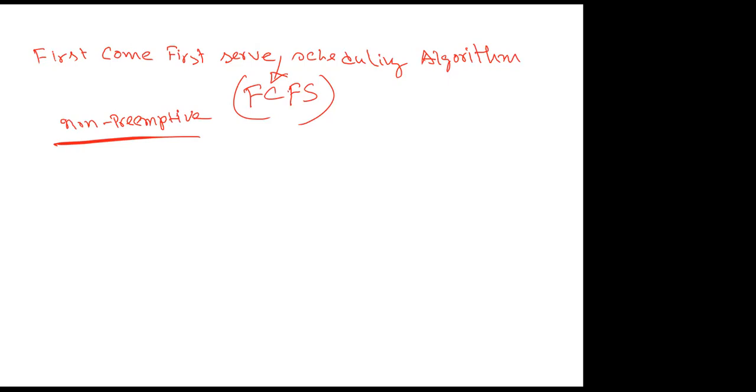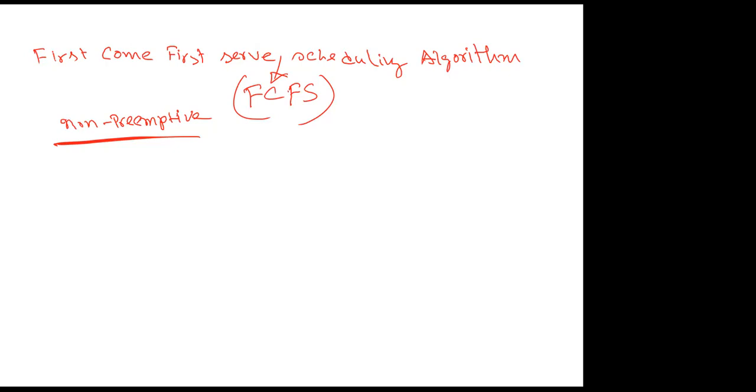Why can you say that? The process which comes first is scheduled first by our operating system. So why is it not priority-based? The process which comes first inside the RAM is not a property of a process.